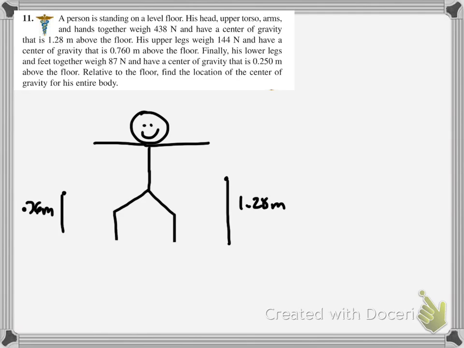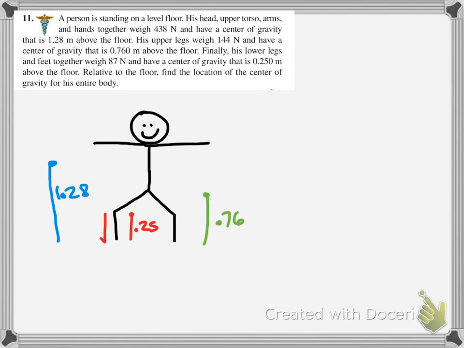So there is 1.28 meters, and then there's the distance from the floor 0.76 meters, and there you have 0.25 meters. Let me make it color coded for you. And then right there is the negative 87 newtons, where his legs and feet together weigh, and then there you have the 144 newtons of his upper leg weight, that is 0.76 meters above the floor.